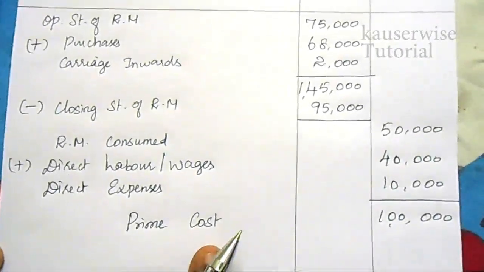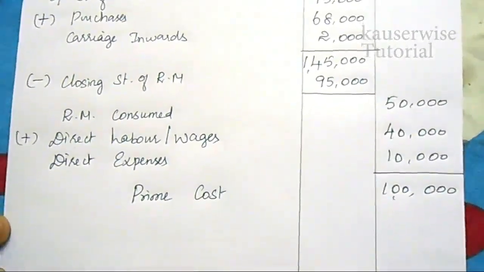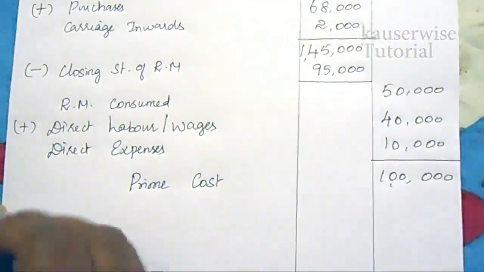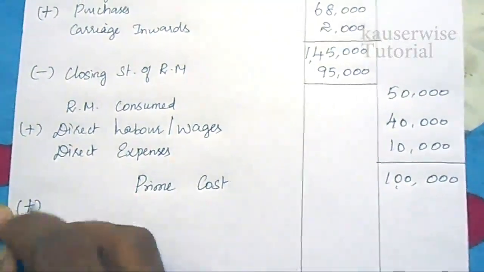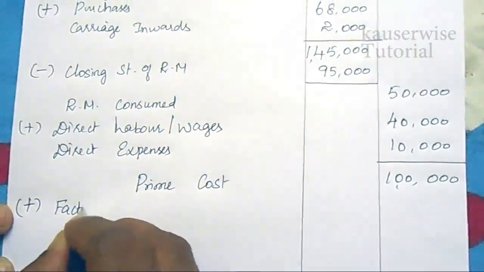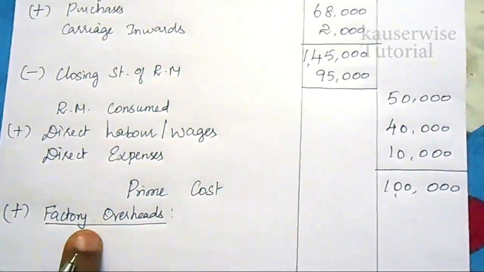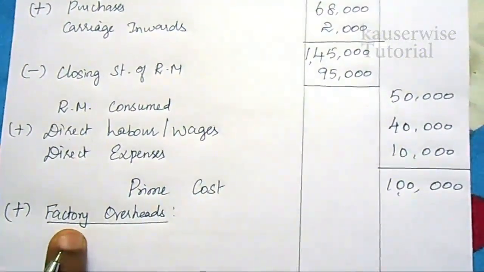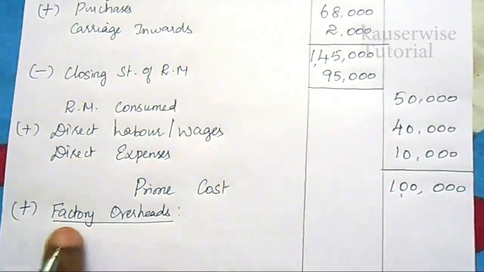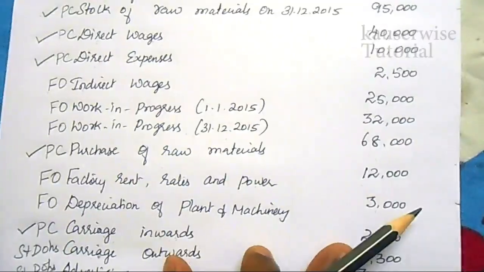After finding prime cost, the next step is we need to find work cost. For that, just add factory overheads. Overheads means indirect expenses. Now we have to find out the factory related expenses that come under factory overheads. Look at the problem.